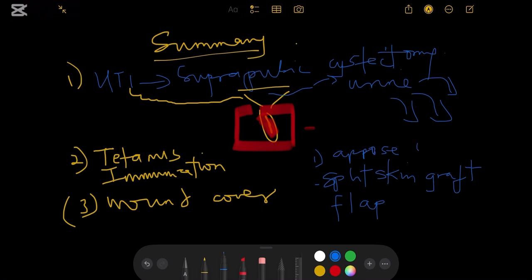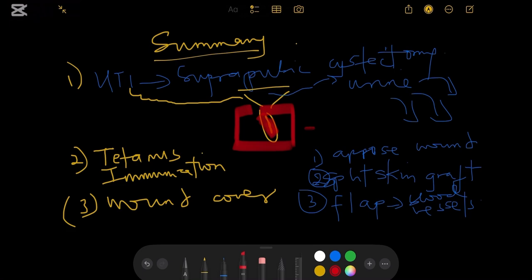So oppose the wound. If apposition of the wound and suturing cannot work, maybe because the area is large, you can now do a split skin graft, or you can do a flap. Flap is the one that has what? Blood vessels. So it is based on the size.